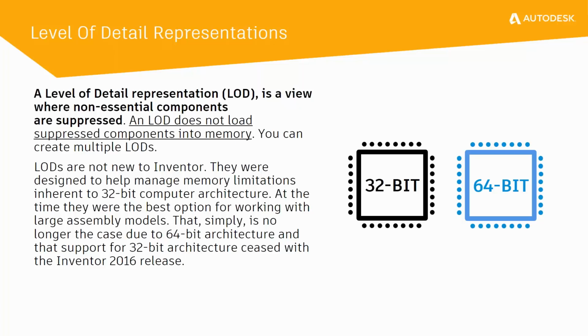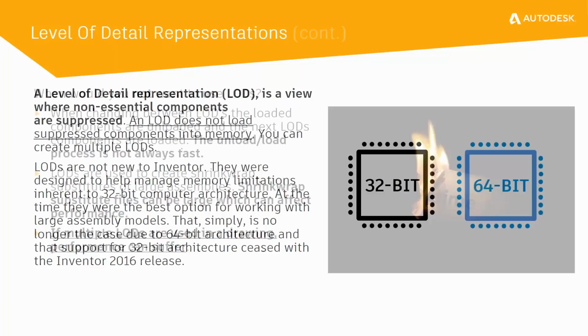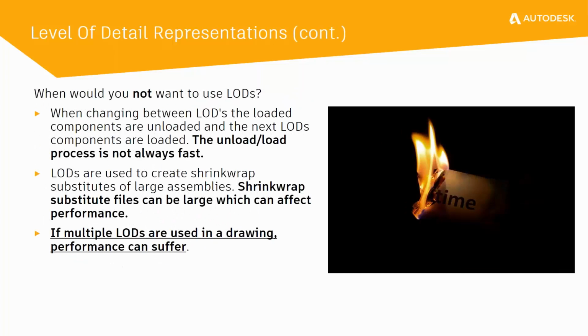Nonetheless, they can still be used to help you use large assemblies by removing files or components from memory and significantly reducing the overhead required of your system to be able to manage and work with large assembly data. Some do nots. So, what shouldn't you do when using levels of details?